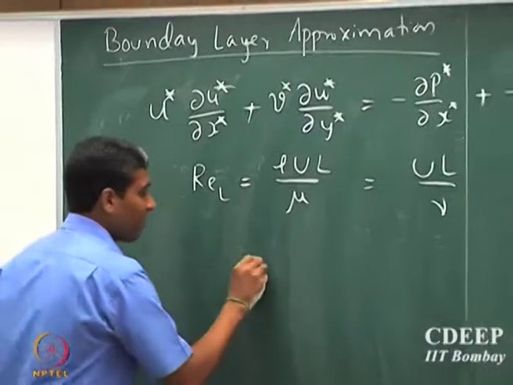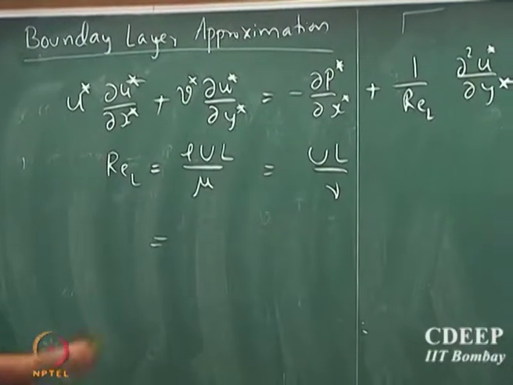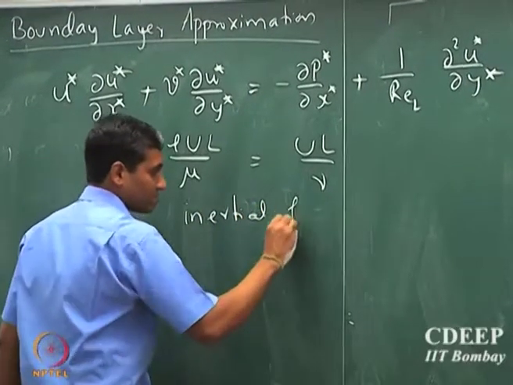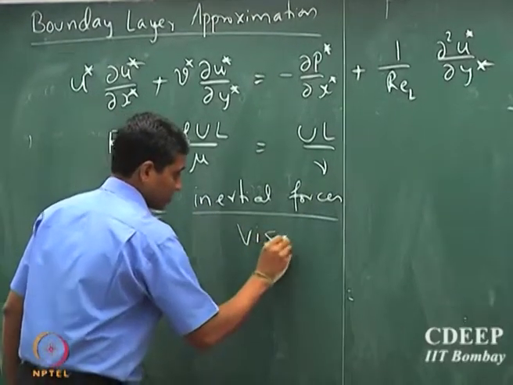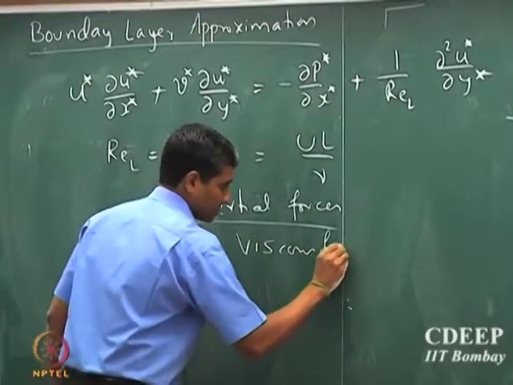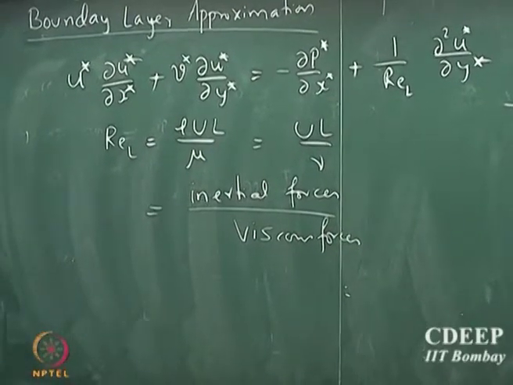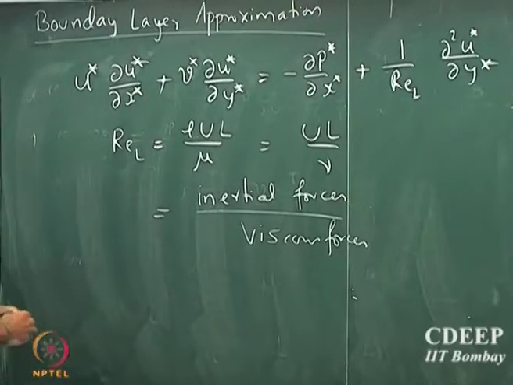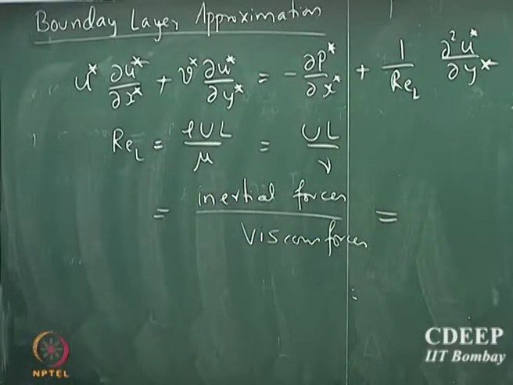Reynolds number is the ratio of inertial over viscous forces. What is the inertial force?